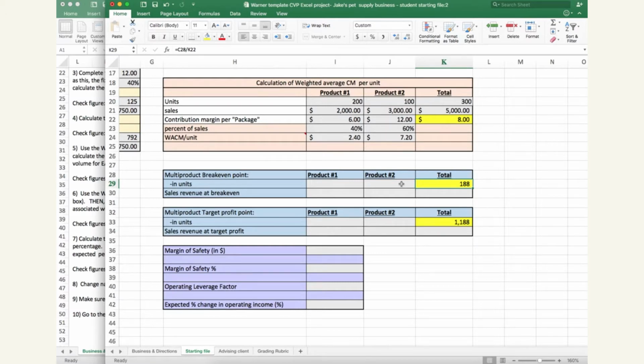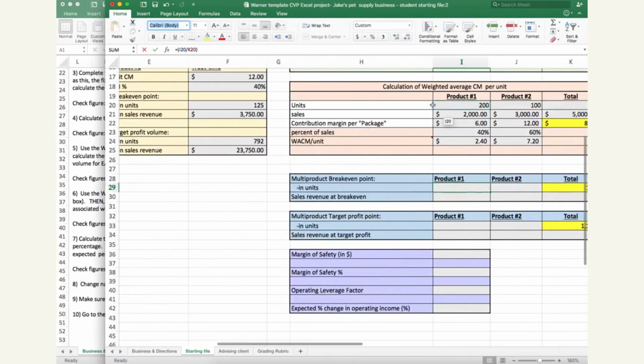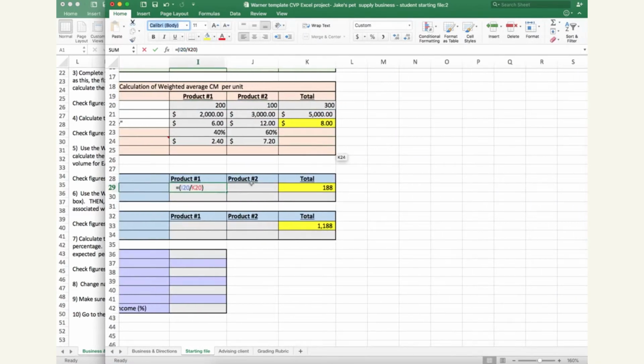So we know that 2/3 of our unit sales are going to be product one. So how do we say that? We want an expression that indicates 2/3 of this 188 will be how many units of the first product we're going to be selling. So it's 2/3 of, oops, sorry about that, times that number here.